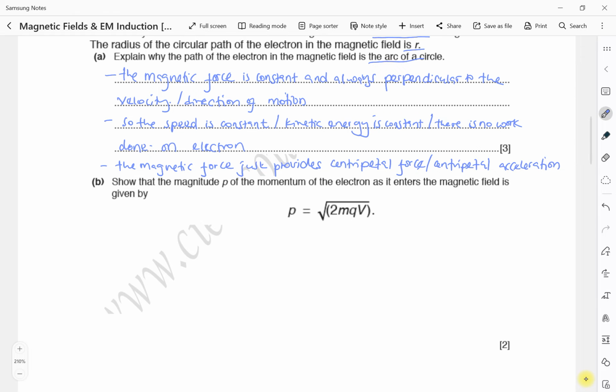Show that the magnitude P of the momentum of the electron as it enters the magnetic field is given by that expression.